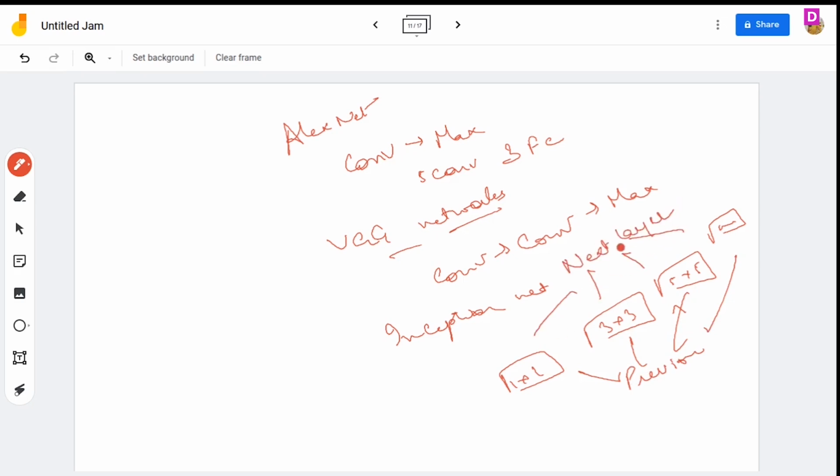So this was the whole thing about Inception Net. What this did was help in reducing the number of parameters, at the same time increasing accuracy. This is one of the best engineered networks. And finally, now we are talking about residual networks. They solve the problem of network degradation.